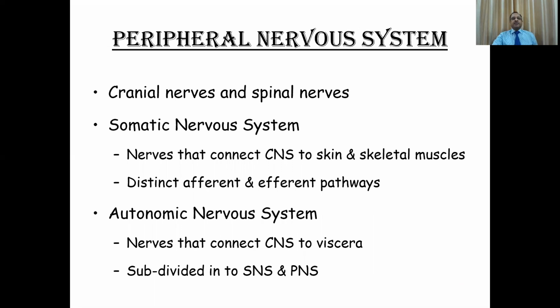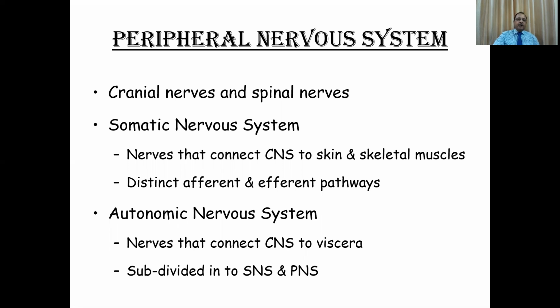The peripheral nervous system, which essentially consists of cranial nerves and spinal nerves, is further subdivided into somatic nervous system and autonomic nervous system, as mentioned earlier. The somatic nervous system consists of nerves which connect the central nervous system to skin and skeletal muscles primarily, and they have distinct afferent and efferent pathways.